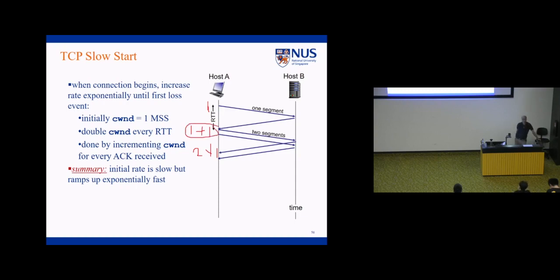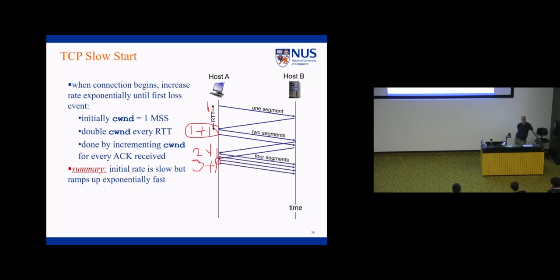When the first acknowledgement comes back, I increase my window by 1, so I'm allowed to send 3. And when the second acknowledgement comes back, I again increase by 1. So previously it was 3, now it's 3 plus 1, 4. So now I'm allowed to send 4 packets.